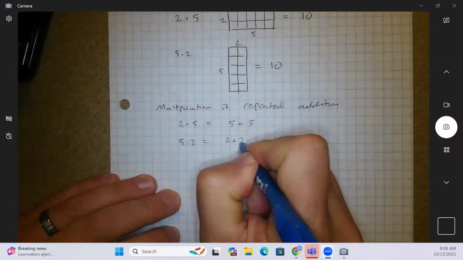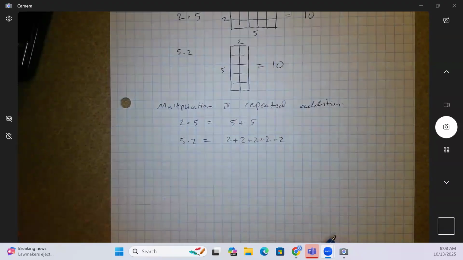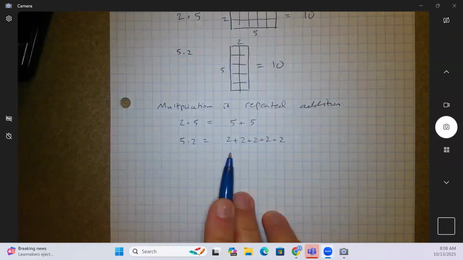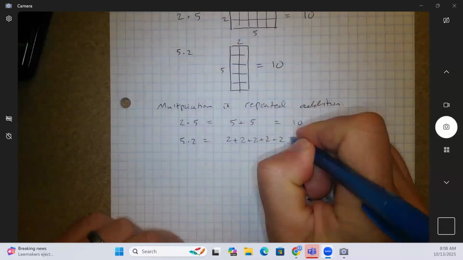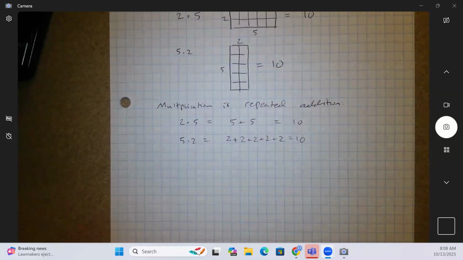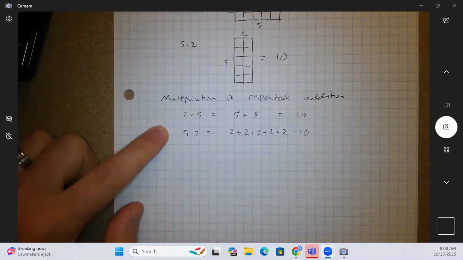And now I can see how multiplication is really just repeated addition. You add 2 to itself 5 times. And either one of those gives you 10. The reason I bring this up is both because the book shows what this looks like on a number line, but also this is helpful when we start multiplying with negative numbers.